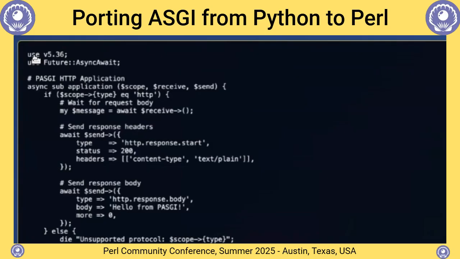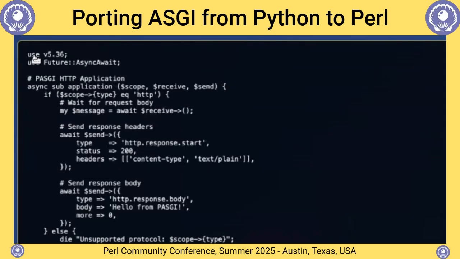The ASGI specification doesn't actually specify a system for handling exceptions. That might be something I decide to clarify in the Perl spec, in terms of what to do here. If your application doesn't support it, should you die or return something else? Right now, I'm just dying, but as I update the spec, that might be something we want to handle better than simply dying out.